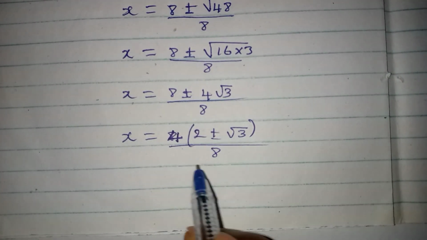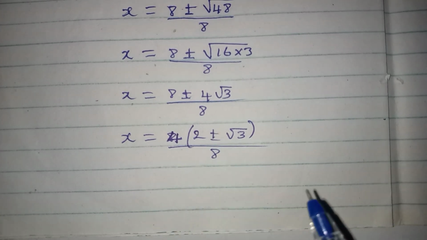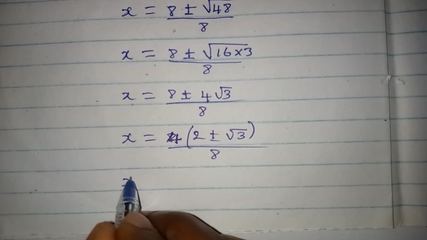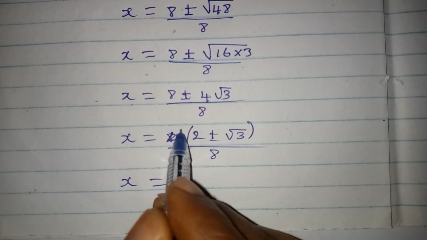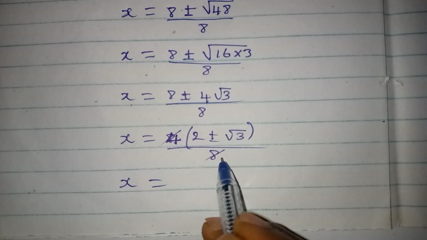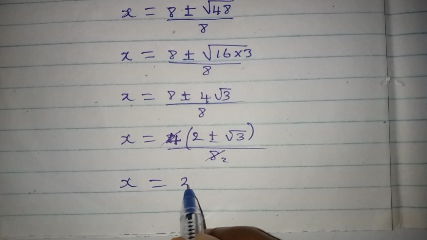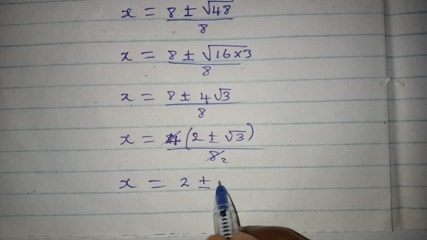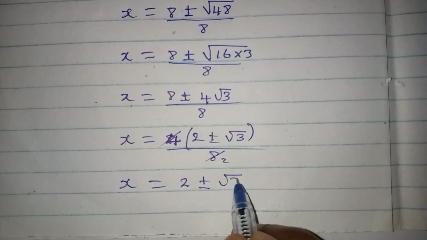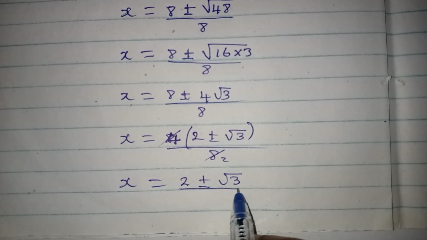And then from here we can reduce this to a lower fraction, so that x will be equal to 4 here 1, 4 here 2. We now have 2 plus or minus square root of 3, and this will be over 2.